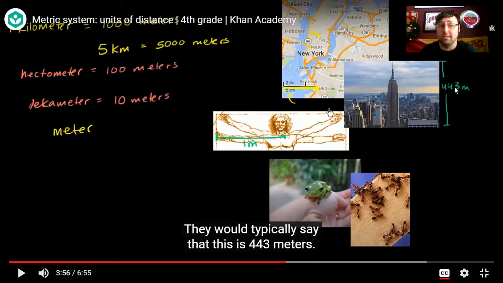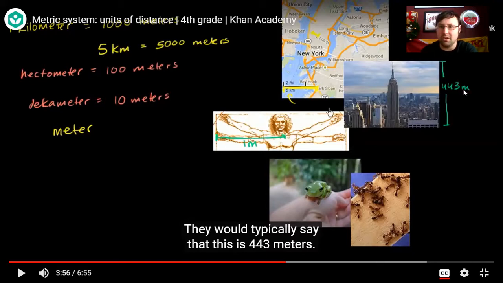Oh, it's 44.3 decameters. You move it again for hectometer, go right ahead and move it. Oh, it's 4.43 hectometers. If you want to go kilometer, you move it 1 more and it's 0.443 kilometers.